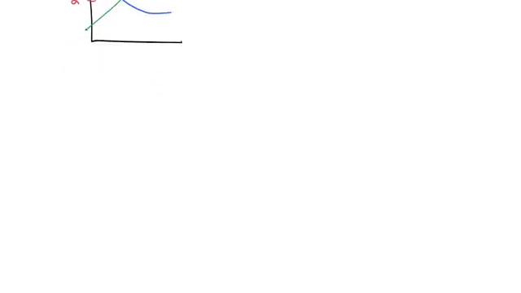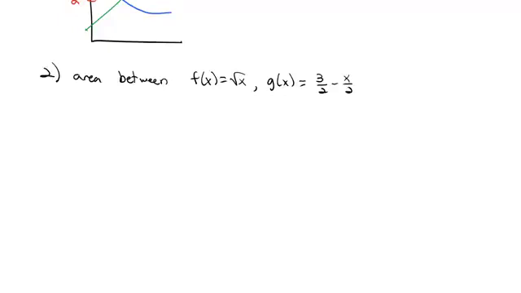And a great example of that is the example that we did up above. I think we called it example 3 previously, when we found the area between f of x equals the square root of x, g of x equals 3/2 minus x over 2, and h of x equals 0.